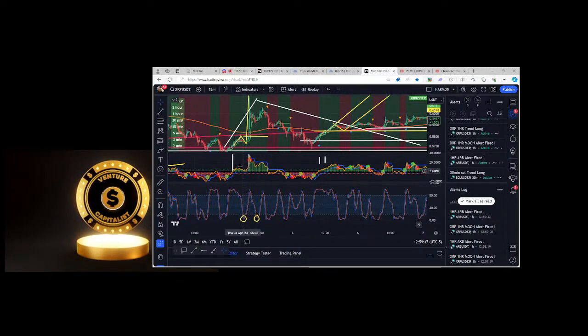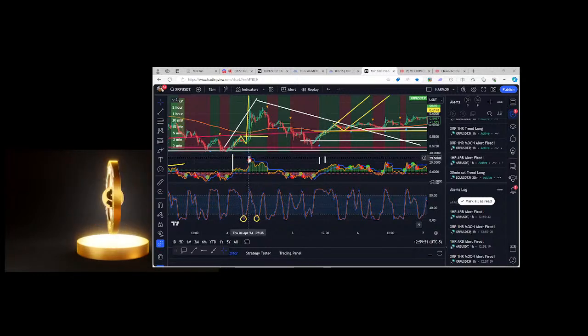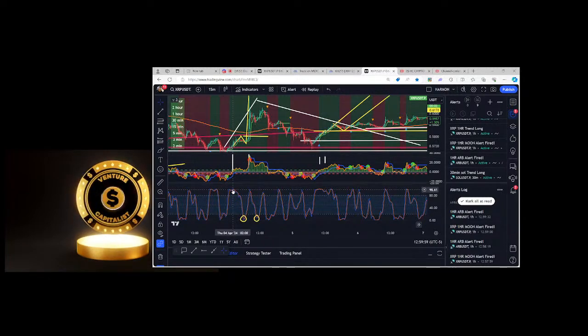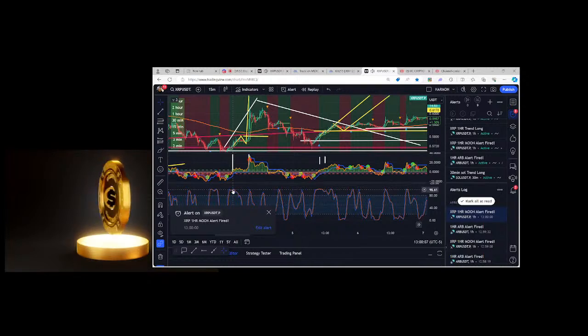But the key is that you have to buy when you get a 1 hour moon, and you have to buy when you get a 1 hour trend, because those are your trades. The 15-minute is more of an ability to get in the trade before the moon and the trend. But once the 1 hour trade hits, then that is an executable trade.